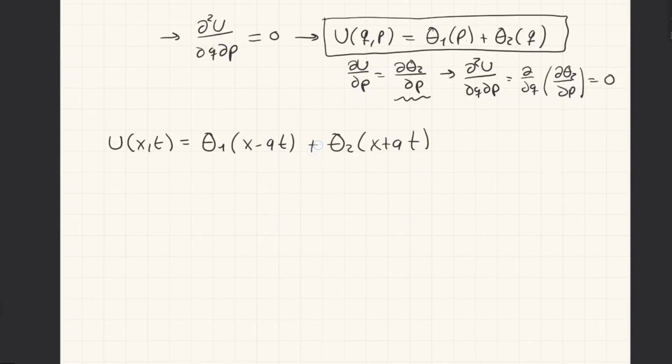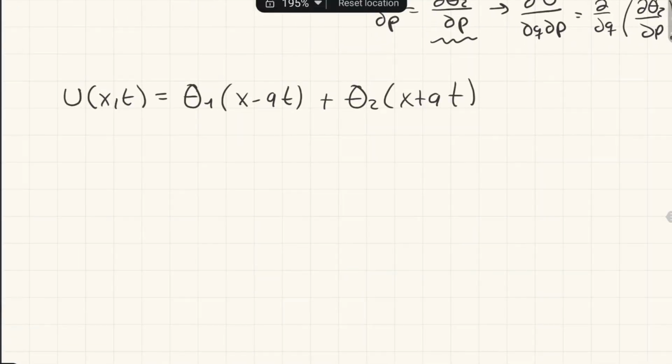So I think this is a very familiar topic in general physics, like in vibrations or wave mechanics, right? You should already know that these kinds of functions are related to solutions of wave equations, where this element is related to a wave that is moving to the right, and this one is related to a wave that is moving to the left, right?